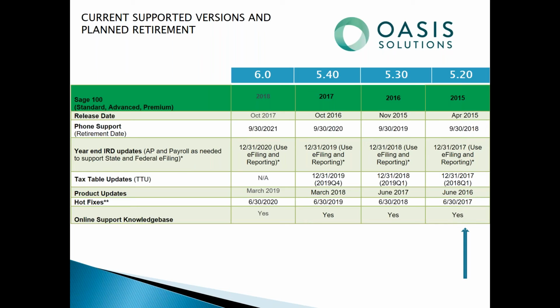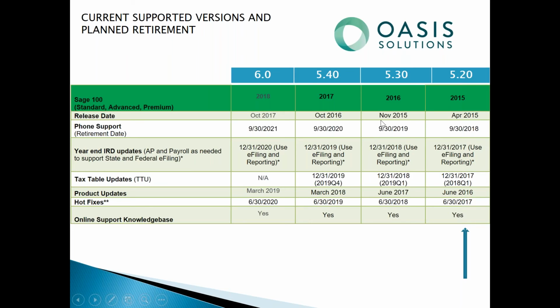Where we would run into an issue is if there was a bug that was fixed, Sage is not going to make that fix available in a retired version. And if it was an issue where we needed to call them to get additional assistance, if you're on an unsupported version, they're not going to help us.